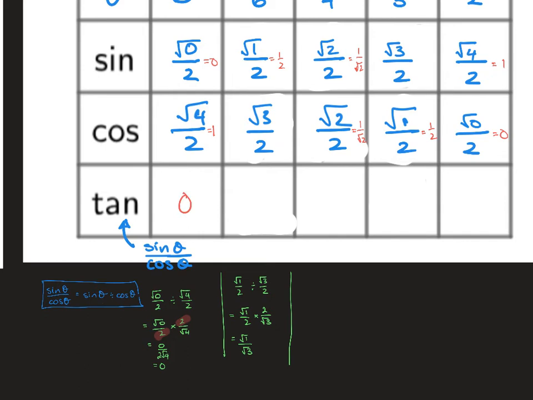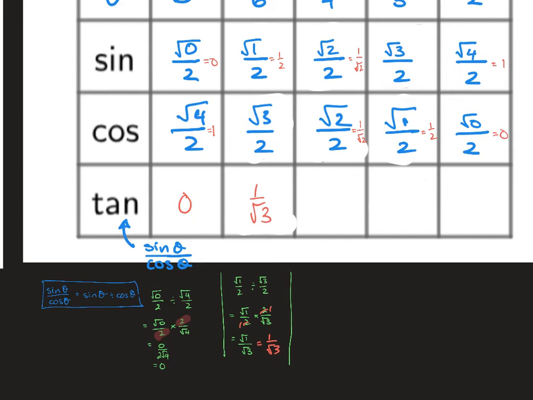We'll do it once more with this angle here. So sine divided by cos, change it to multiply and flip. The 2's will cancel, and you're left with the square root of 1 over the square root of 3, which is 1 over root 3.